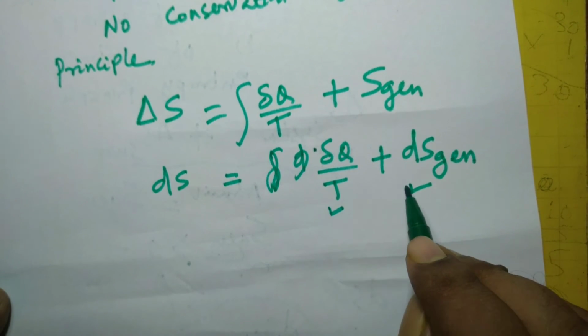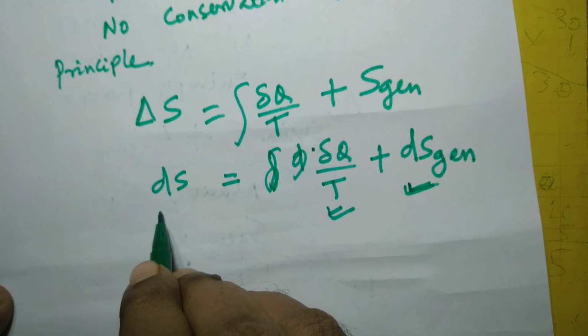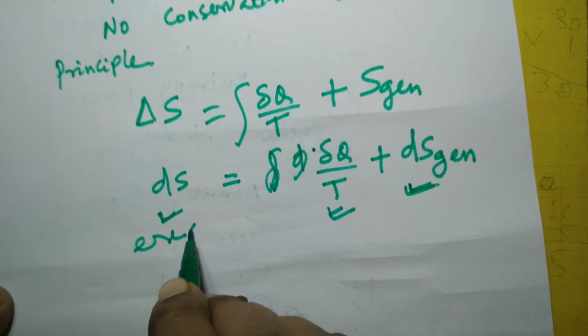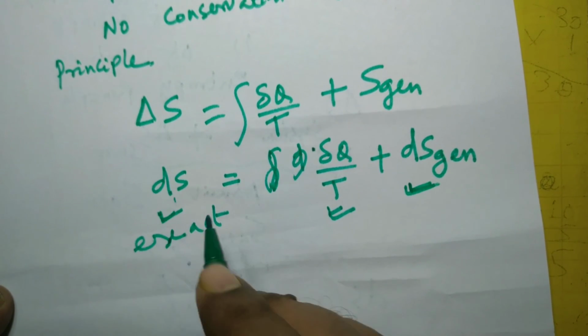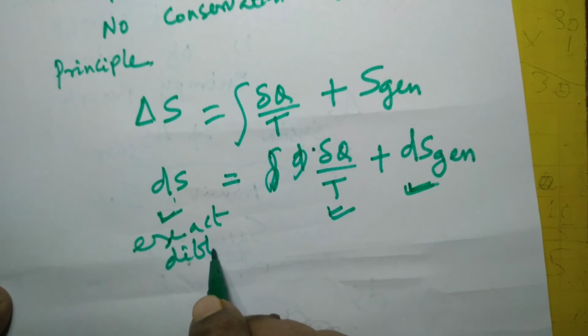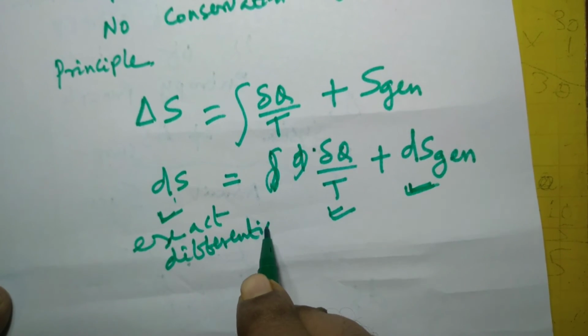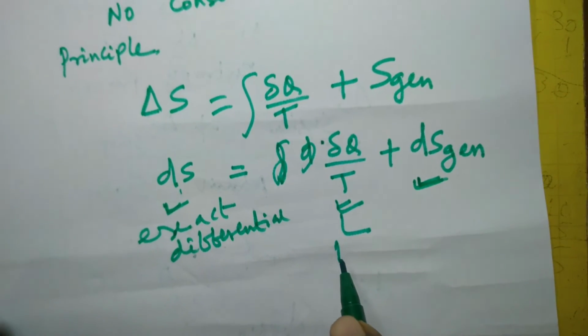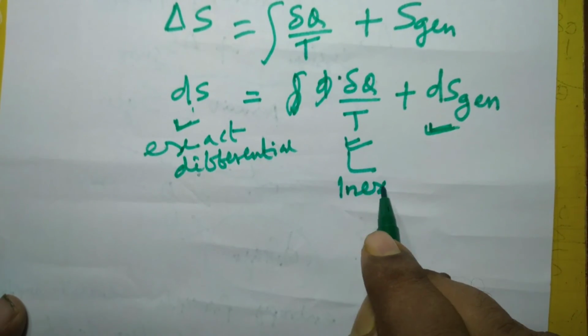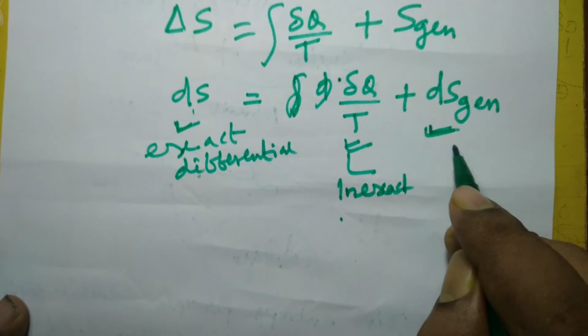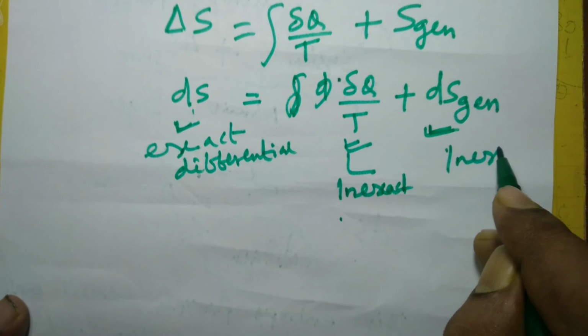These two are inexact differentials, but this is an exact differential, because entropy is a point function. This is inexact and this is also inexact.